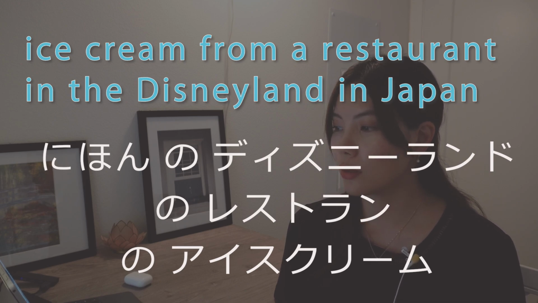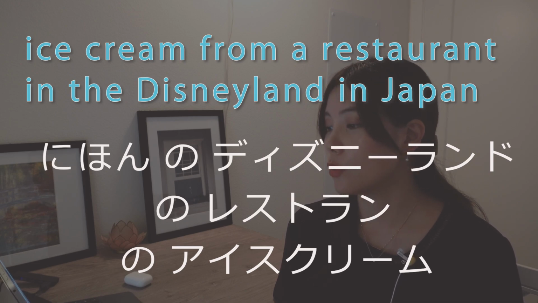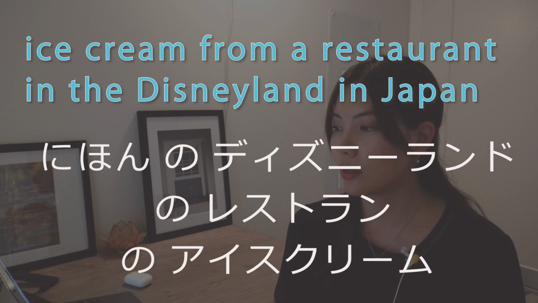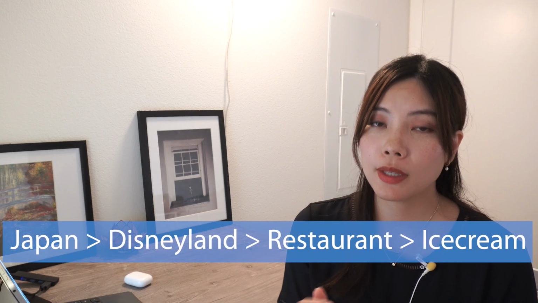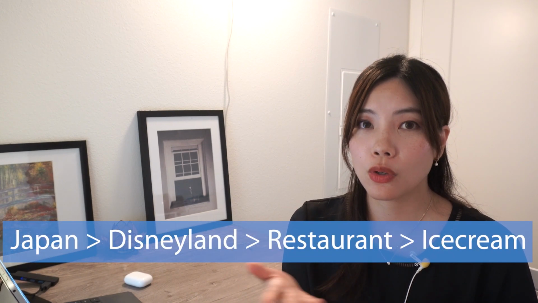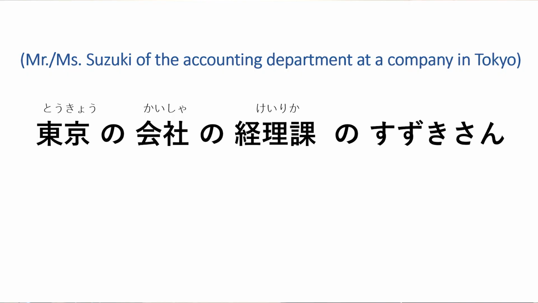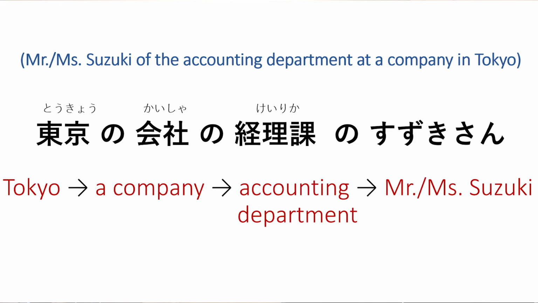Let's look at another example. 日本のディズニーランドのレストランのアイスクリーム。As you can see, when particle no is used repeatedly, usually the big things comes first and the smaller things follow, such as 東京の会社の経理課の鈴木さん。Lastly, noun 2 can be dropped, especially when it describes possession.